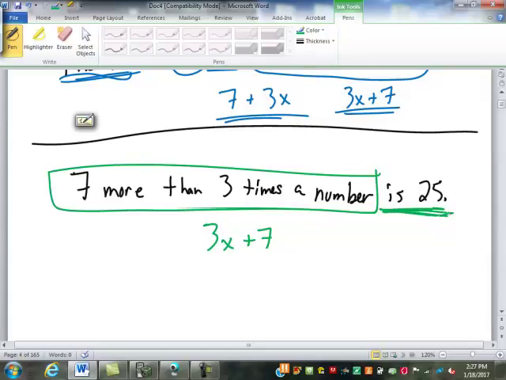Well, is 25 means that that is equal to 25. So it's a full equation. And in a couple of classes we'll learn how to solve equations, so we'll actually be able, in that case, x actually has a value, and we can find out what that value is.